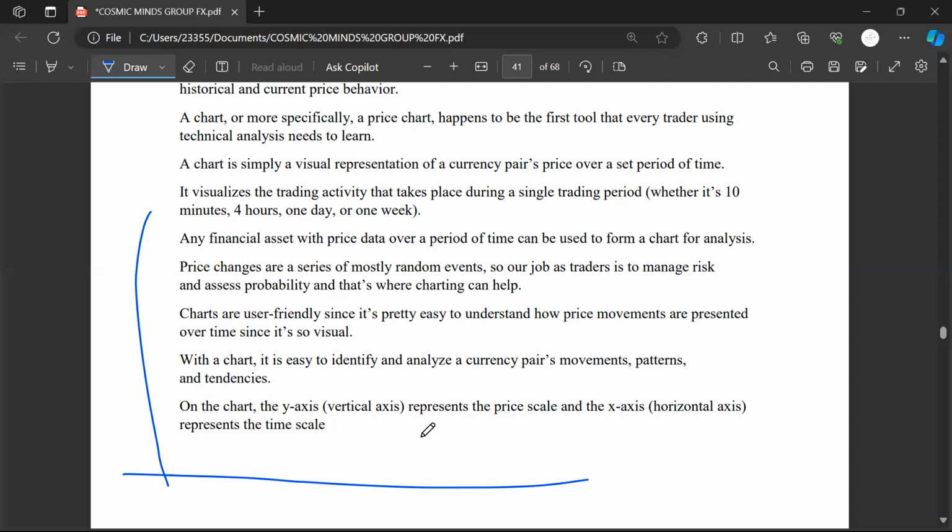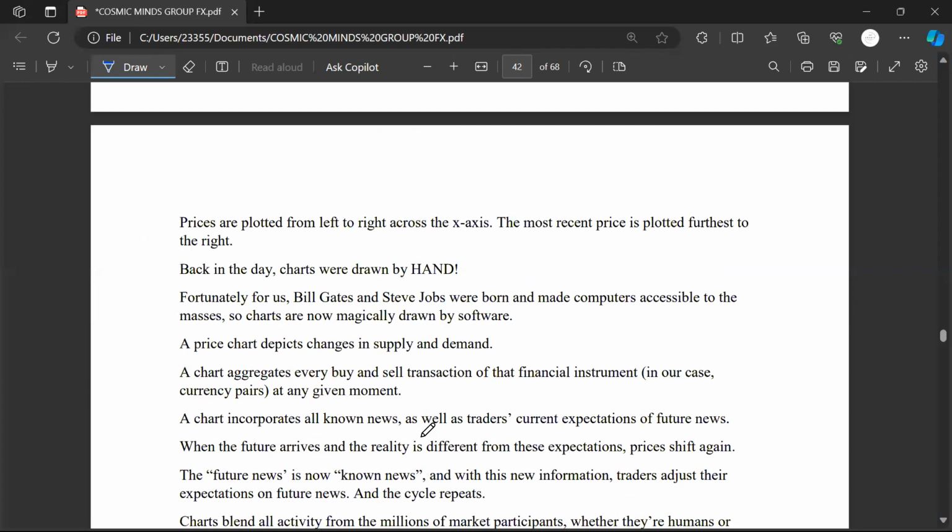So that is it. The prices are plotted from left to right across the x-axis. The most recent price is plotted furthest to the right.